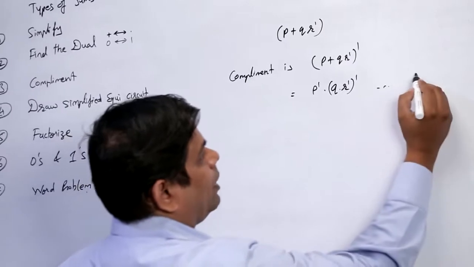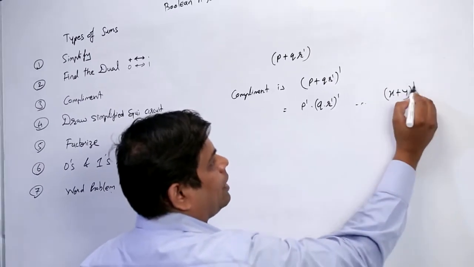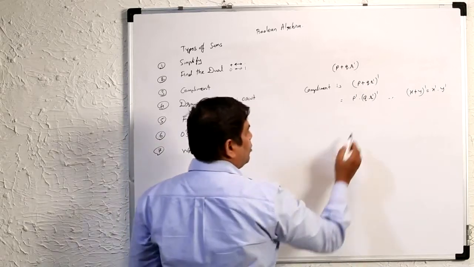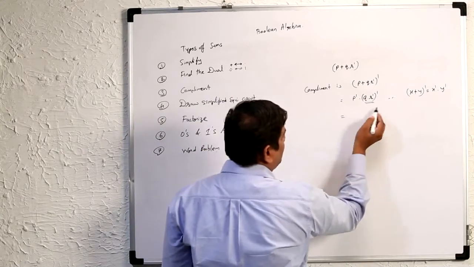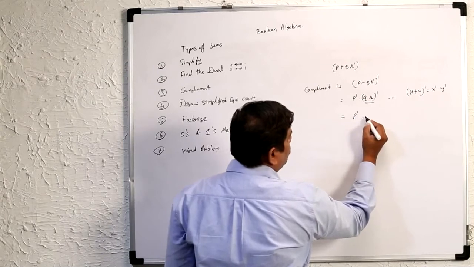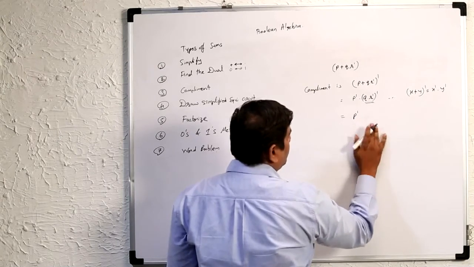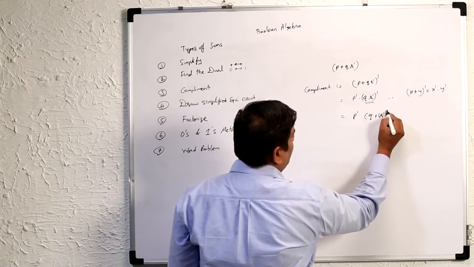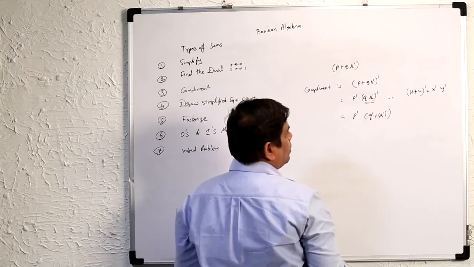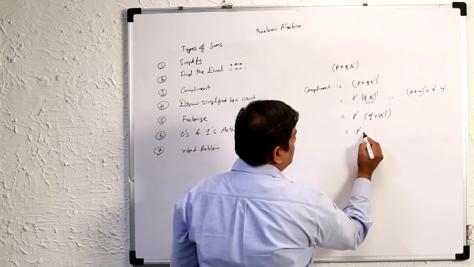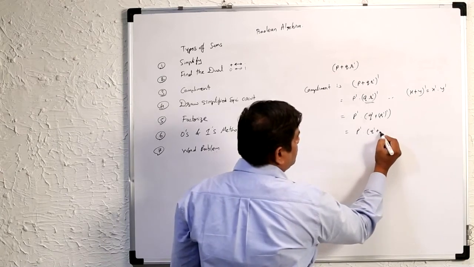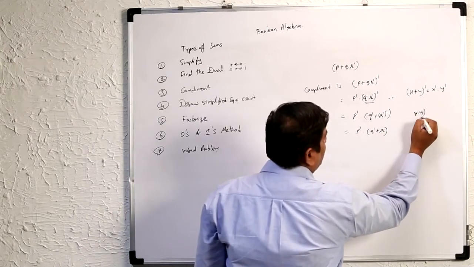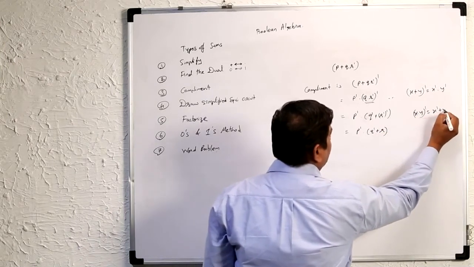We are going to use the property x plus y the whole dash is x dash dot y dash. Now you can use De Morgan's law again here and simplify this further as P dash dot Q dash plus R. Here we have used the property x dot y the whole dash is x dash plus y dash.